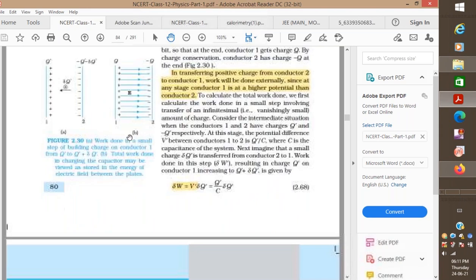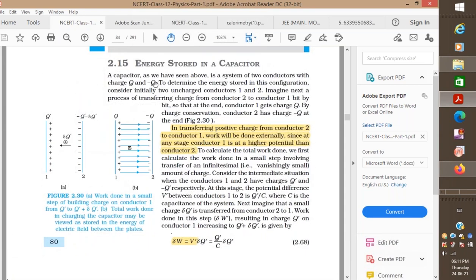In your board exam, this question is very frequently asked: derive the electrostatic energy stored in a capacitor. That will sometimes be a 3 marks or 4 marks question. So I'll explain how to derive that, and you'll see how a capacitor gets charged.